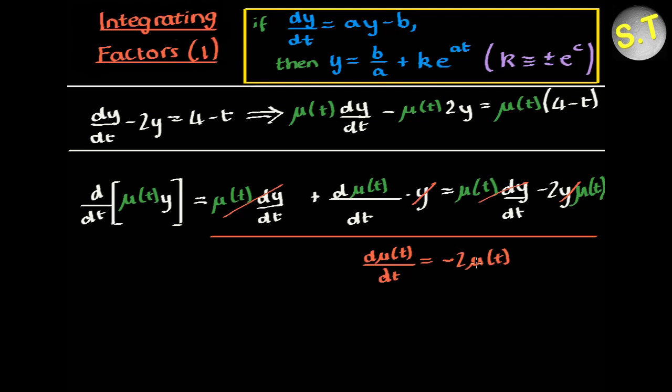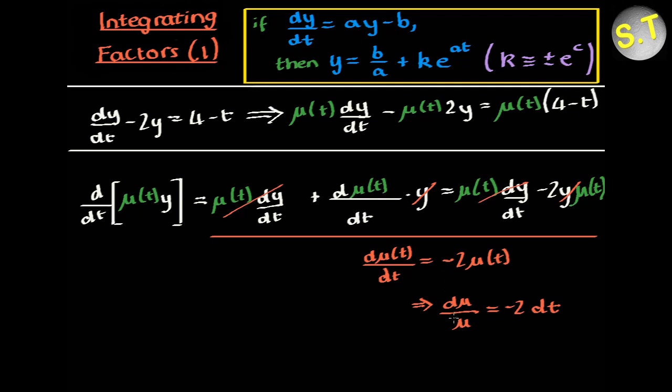And now we can calculate our mu of t value. So if we divide both sides by mu of t and use our separation of variables technique, this gives us this. And I've simply dropped the function notation here just for convenience.